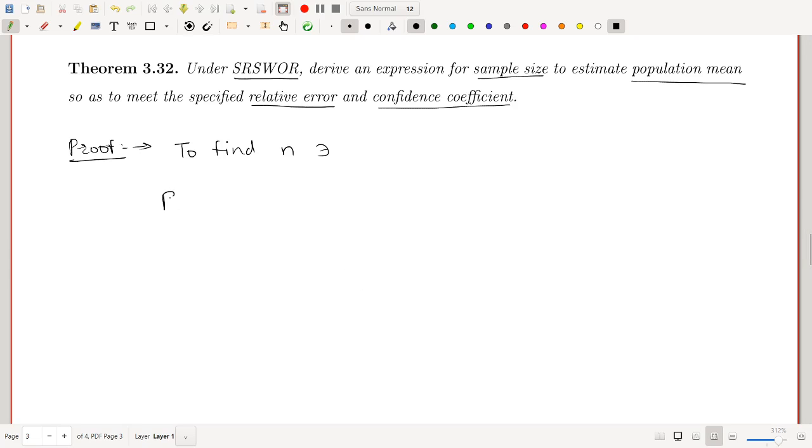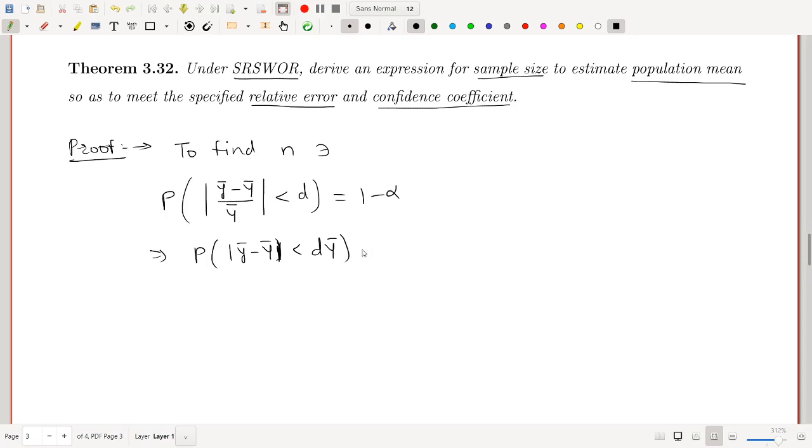So the probability of mod of small y bar minus capital Y bar upon capital Y bar, this is your relative error, is less than d, for a specified confidence coefficient. So I can write this as probability of mod of small y bar minus capital Y bar less than d Y bar is equal to 1 minus alpha.